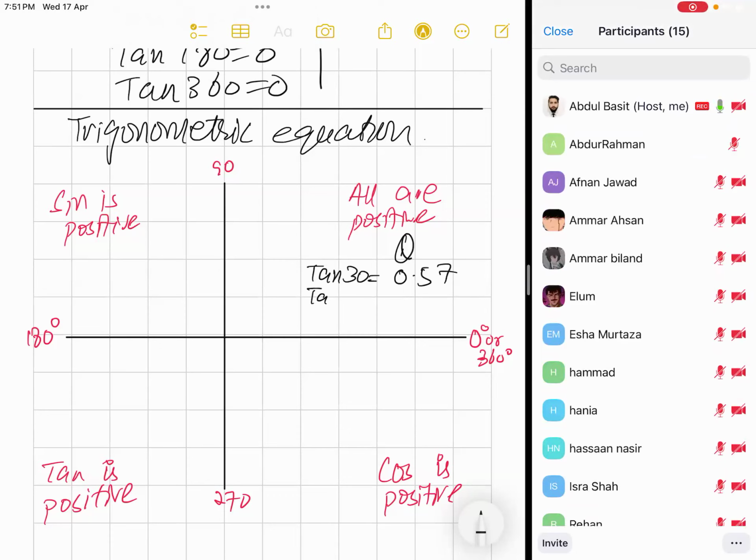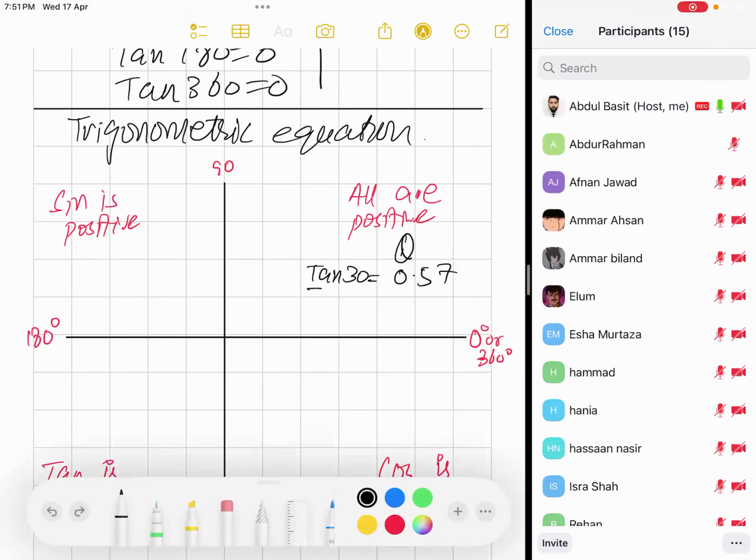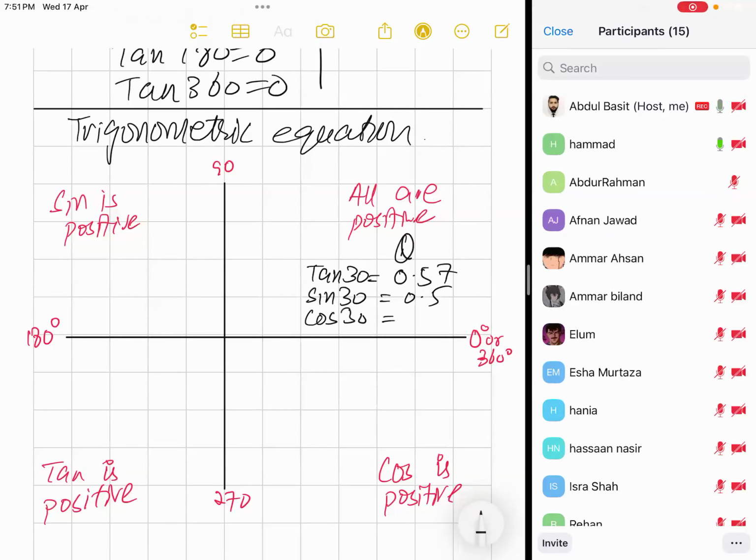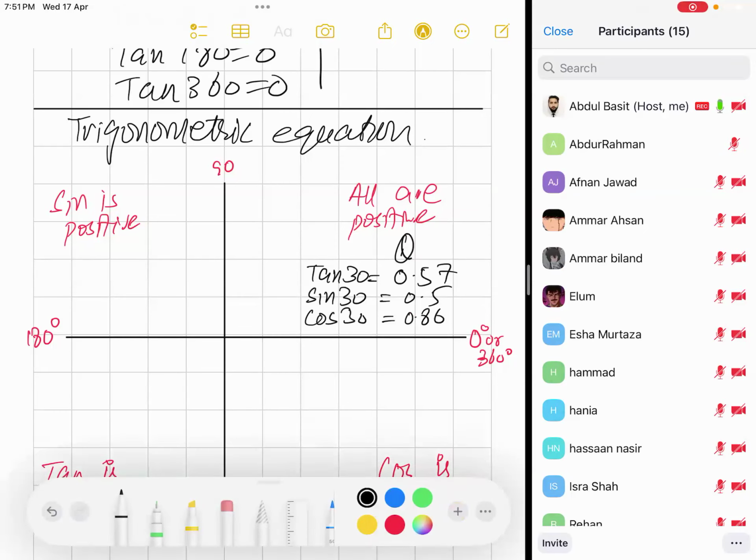Check sine 30. 0.5. Okay, check cos 30. 0.86. Okay, all are positive. It's proved.